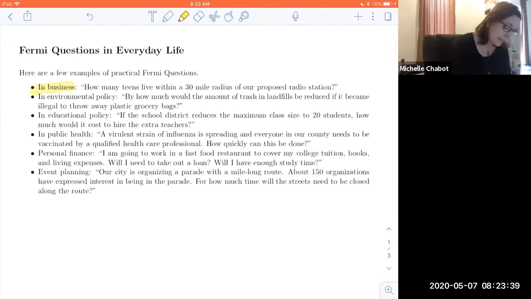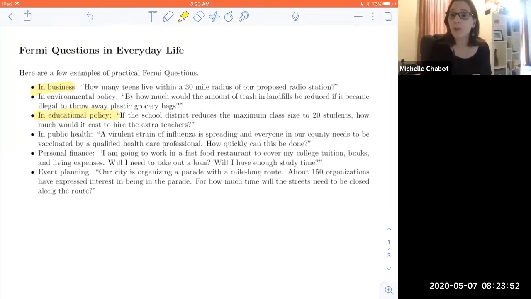Environmental policy, educational policy. If a school district reduces the maximum class size to 20 students, how much would it cost to hire the extra teachers? Really fundamental questions. Right now, when we're all trying to figure out social distancing and how that might look in schools, there are going to be a lot of these types of estimates and calculations going on in everyday life.